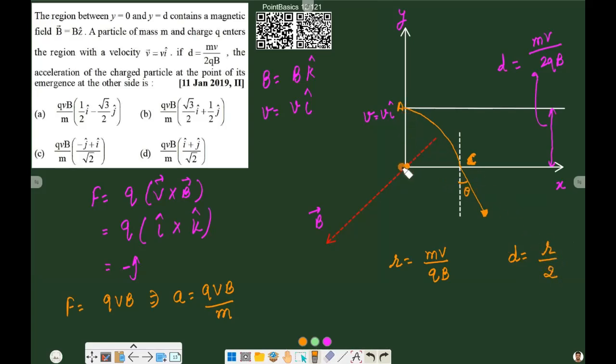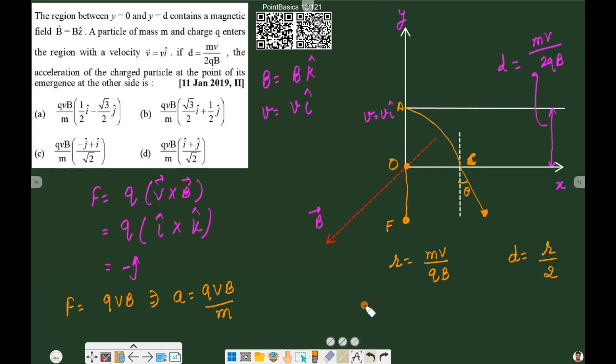So this distance AO is equal to r by 2. So we have to move further r by 2 to this point F, so that the distance AF becomes equal to the radius of rotation of this charged particle. So here AF will be the radius of rotation of this charged particle.